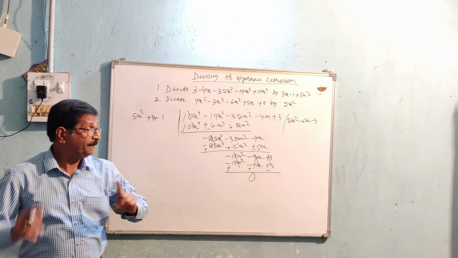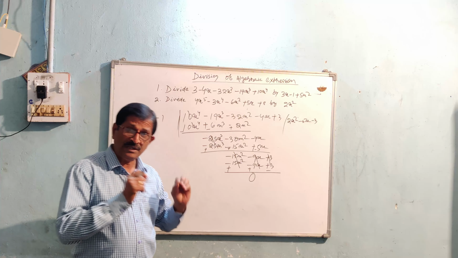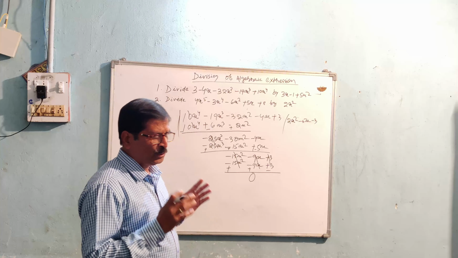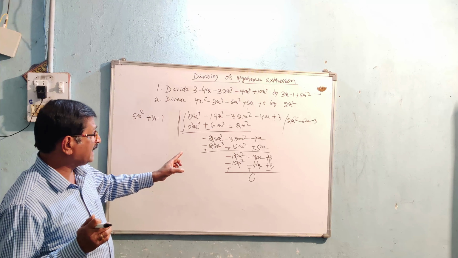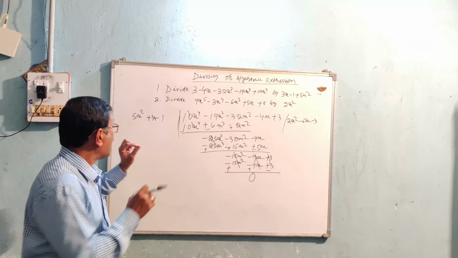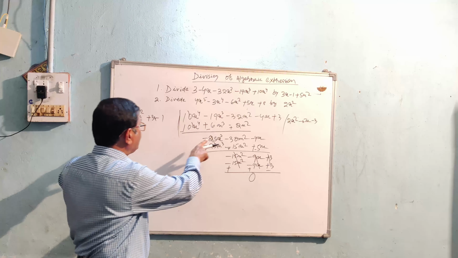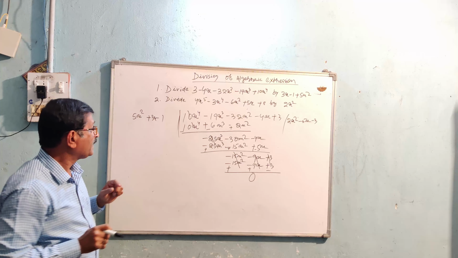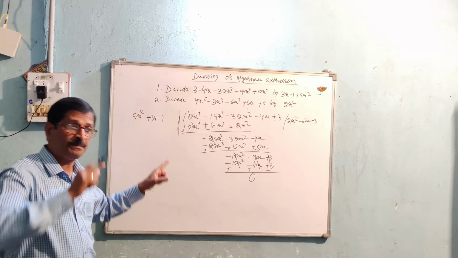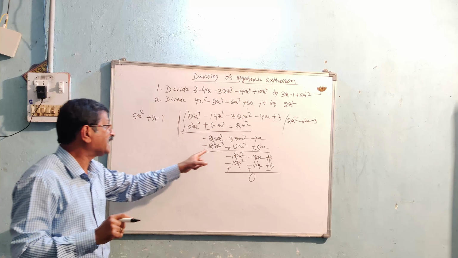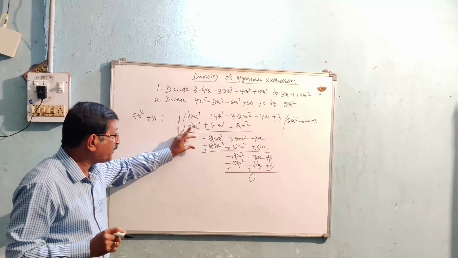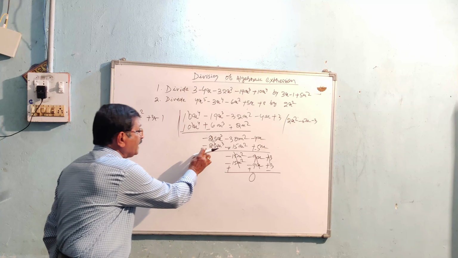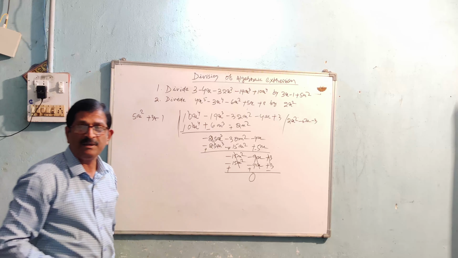But one thing: while doing these types of problems, you have to be very careful while multiplying and while finding the exponents. Here you see it is minus 25x cube. What if it is multiplied with 5x square? Exactly, that will be minus 25x cube. That you have to watch. And whenever it is exact, you have to change the sign so that it will be cancelled.